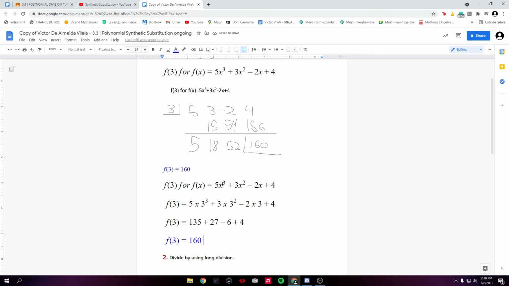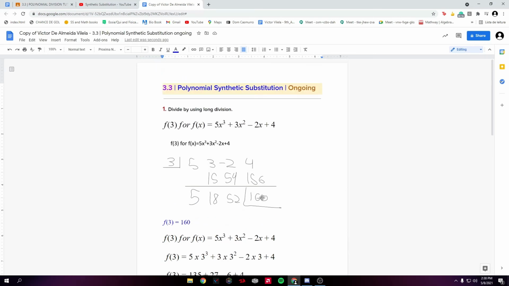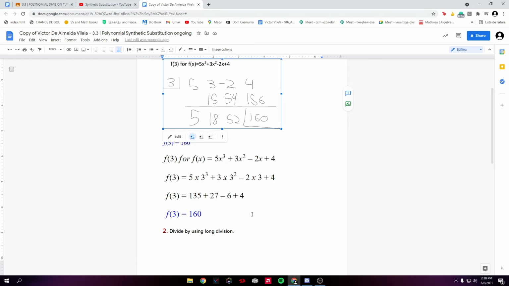Okay, so we can do it both ways. So yeah, by substituting the x, we can also find out that this is 160, right, as we found it right here. Okay, so we're gonna do our second example now, but hopefully you got it by now that this is how to do the synthetic substitution, the polynomial synthetic substitution.